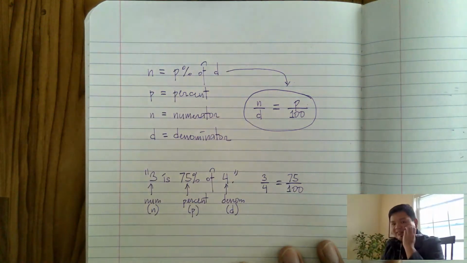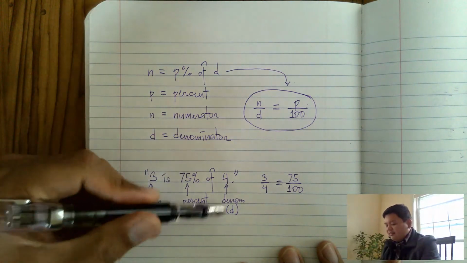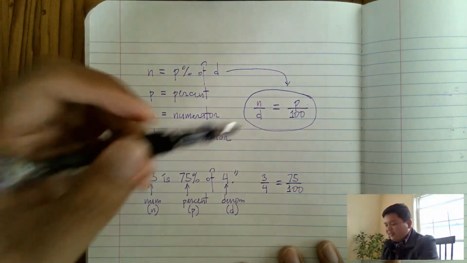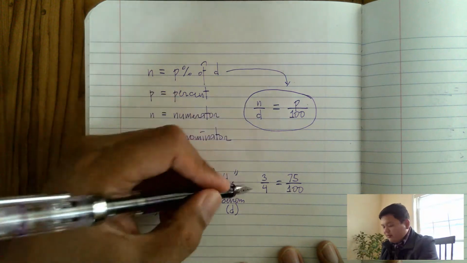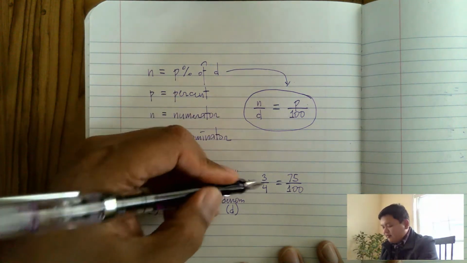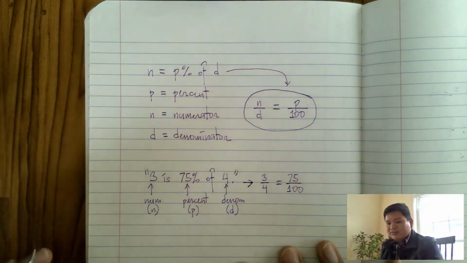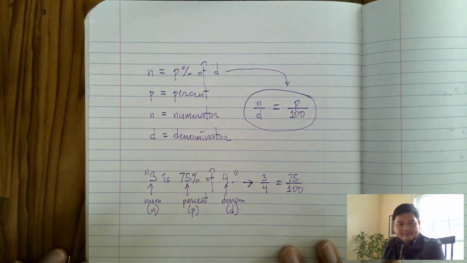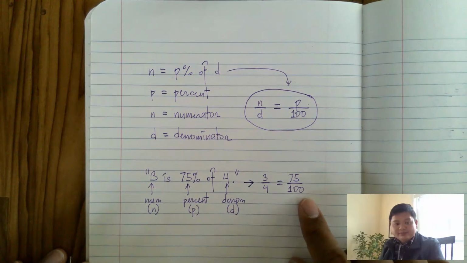Take a moment right now to see how this information is put into this formula to give us this resulting proportion right here. Is this proportion true? How can you check? You should remember that proportions can be checked using cross multiplying.